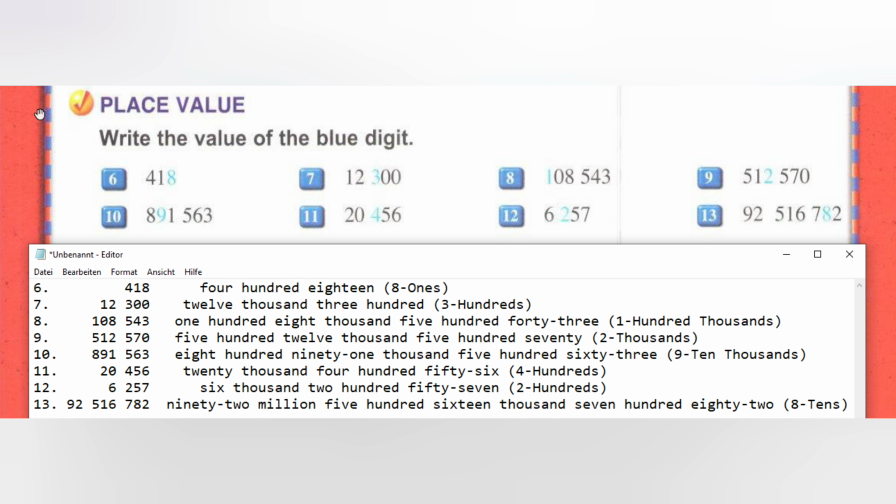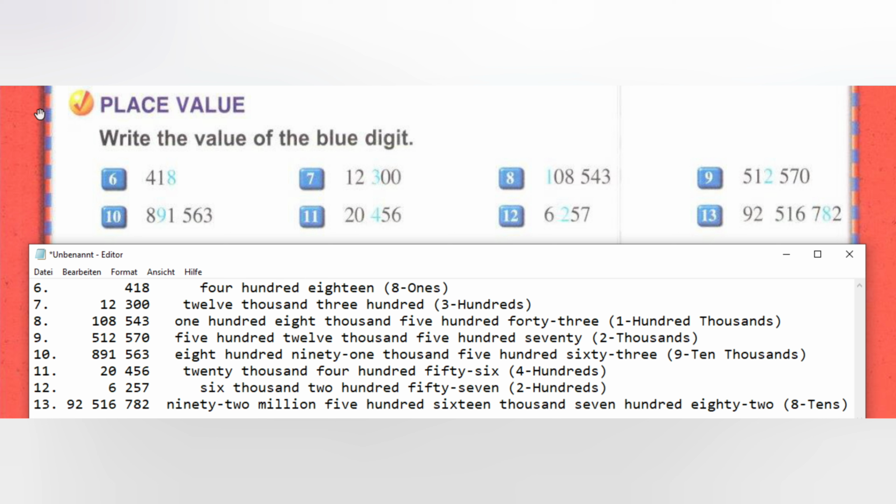Next, 108,543, digit 1, hundred thousands. After we have 512,570, digit 2, it's thousands.